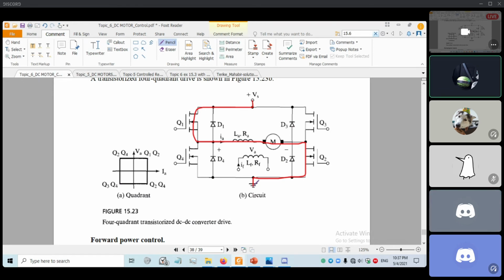And this happens for time KT, and VL is this polarity, and EG, well, I call it EA or EG, it's this polarity.